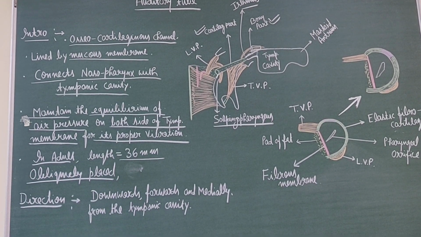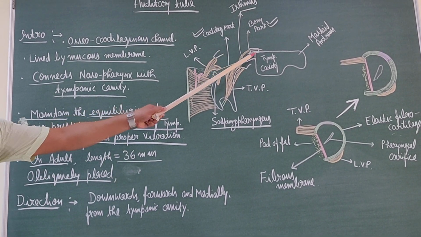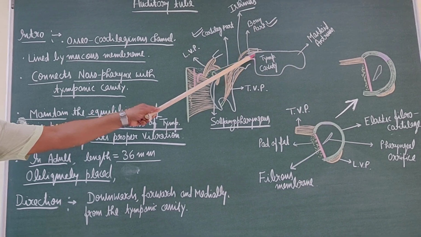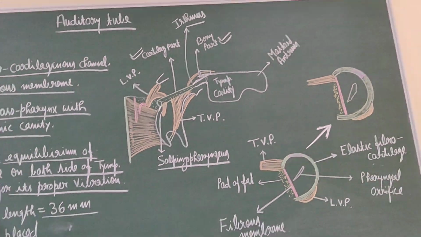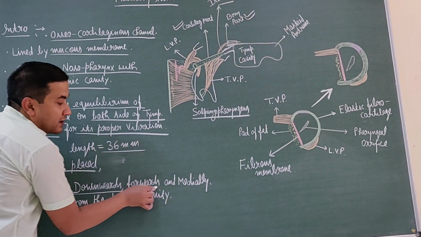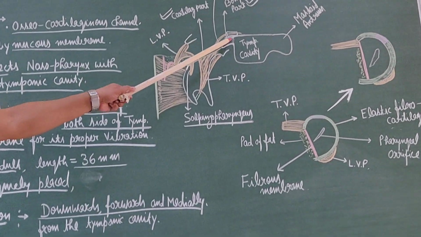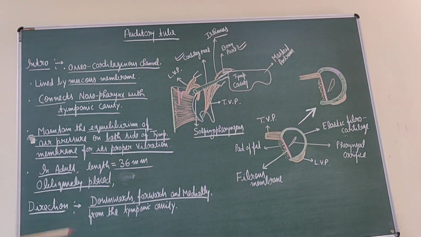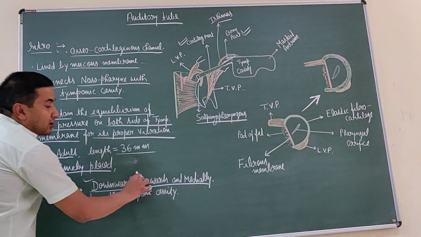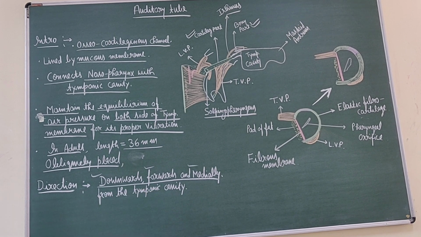Not horizontal plane, it is obliquely placed, and the direction from the tympanic cavity, from forward to behind, it is directed downwards, forwards and medially. If you trace from the tympanic cavity to the nasopharynx, its direction is downward, forward and medially from the tympanic cavity.